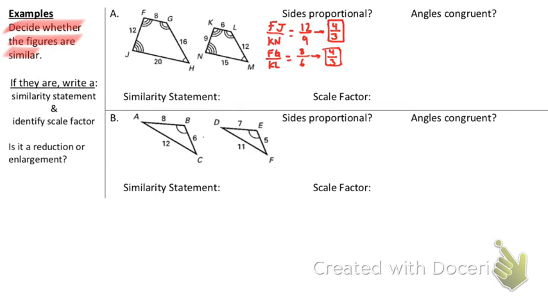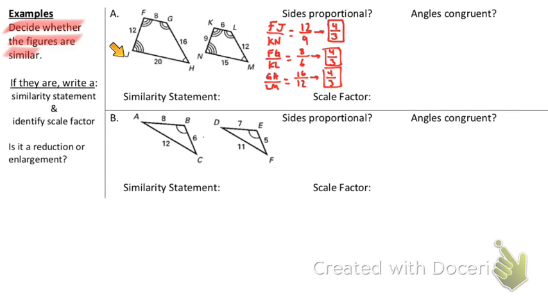Let's go to our third side. GH over LM. So GH is 16. LM is 12. I can reduce by 4, and that gives me 4 over 3. So far, all matching. I got to check one more side.